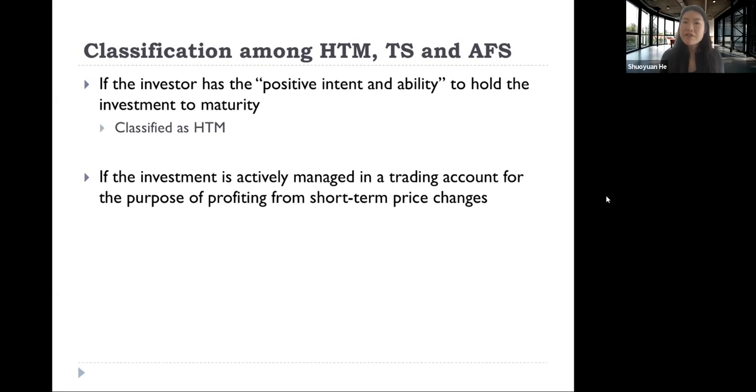Whereas if the investment is actively managed in a trading account for the purpose of profiting from short-term price change, that is classified as trading security.